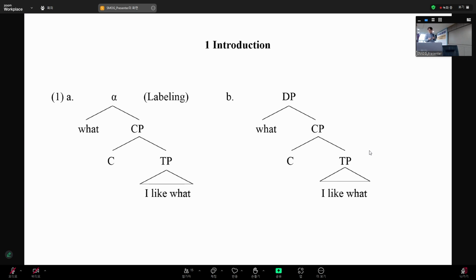This is quite attractive in many respects, but there are some problems. The first problem is that it seems to violate the theta criterion, because what is assigned a theta role from the verb, and what clause is already assigned another theta role from the outside. So this seems to be a violation of the theta criterion.